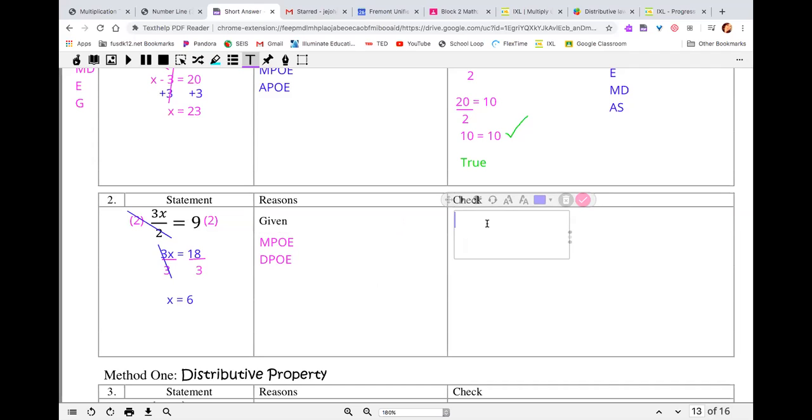Rewriting it, so I'll show you how we write this. 3 times 6 equals 18, and then over here we write 2 and my fraction line.